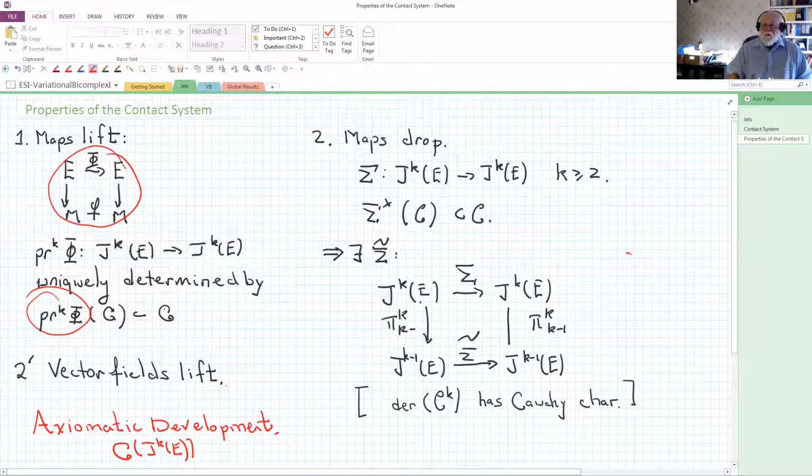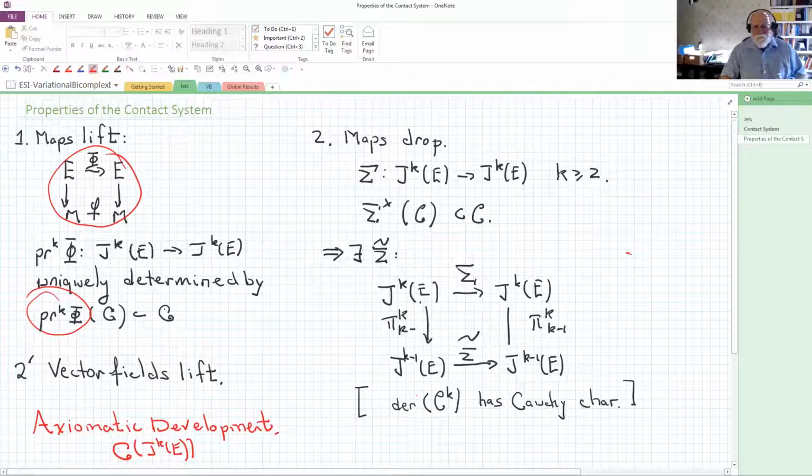Conversely, if you have a map on the jet space and it preserves the contact ideal, then it's not difficult to show that this map on the k-jets was actually coming from a lift, or a prolongation, of a map on lower jet spaces. This phenomenon is often referred to as Bäcklund's theorem.